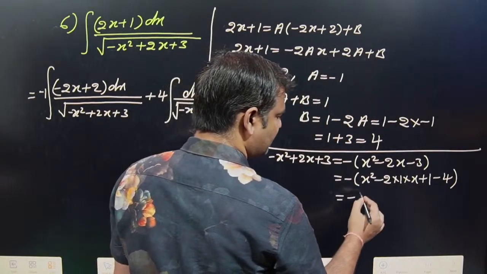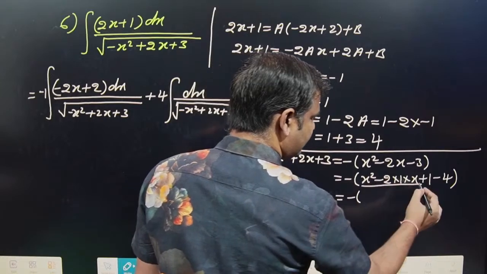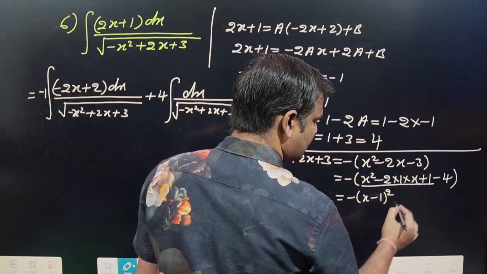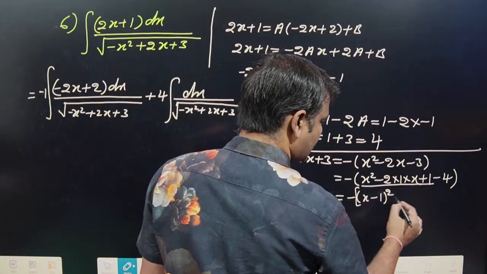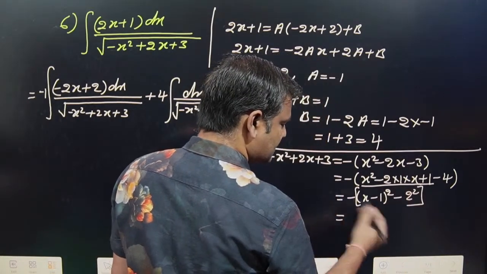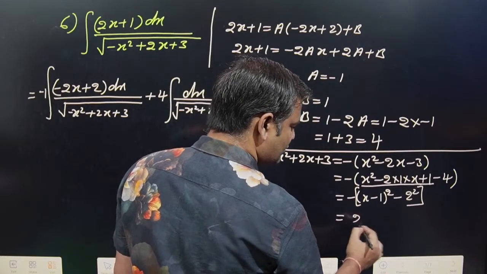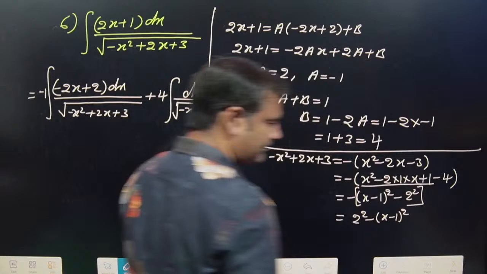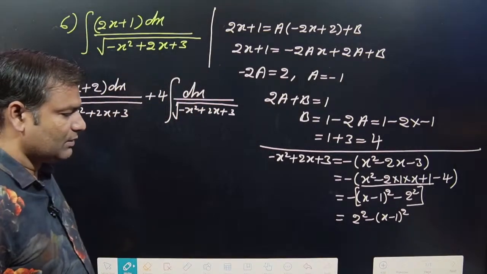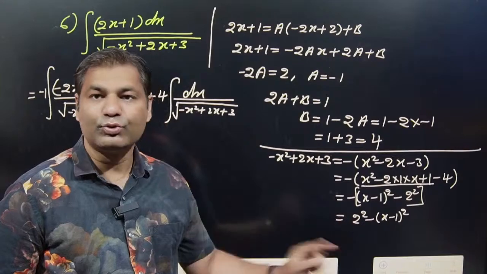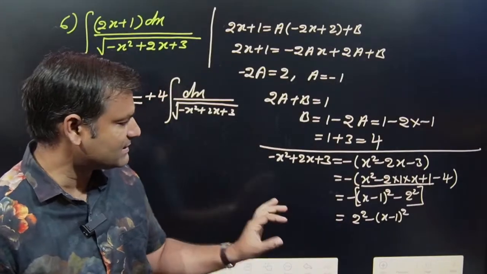So what about that value here, x minus 1 to the whole square, okay, and minus 4. So you can say that is 2 to the whole square minus x minus 1 to the whole square, okay.